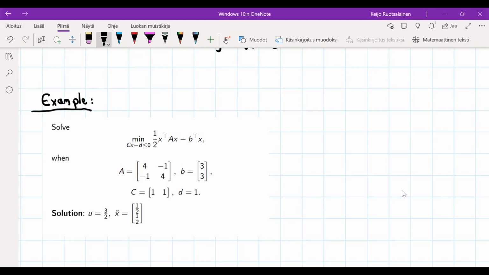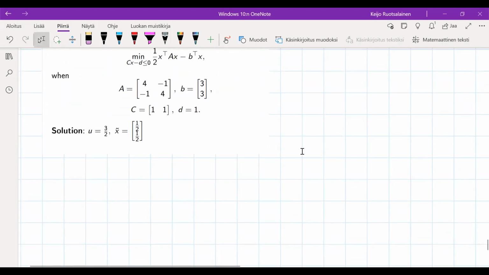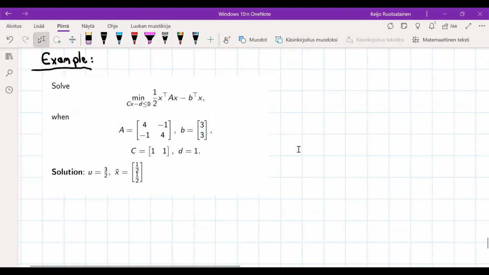Okay, let's see if I can get it. So we write the Karush-Kuhn-Tucker conditions.